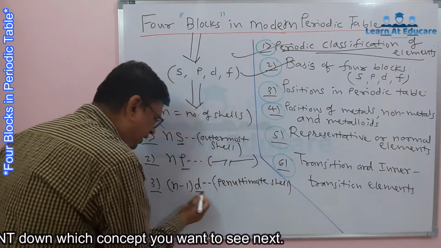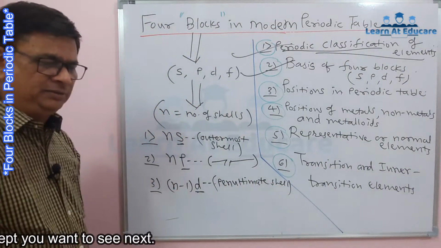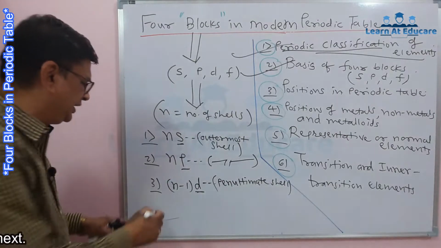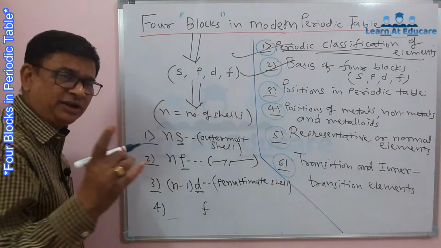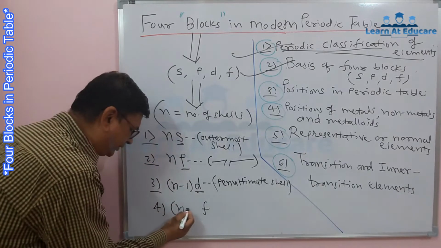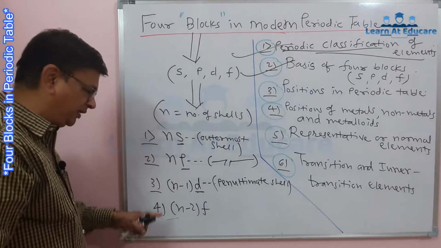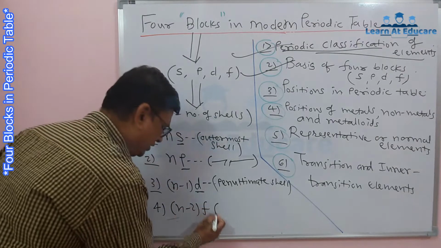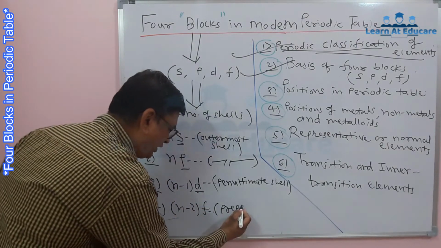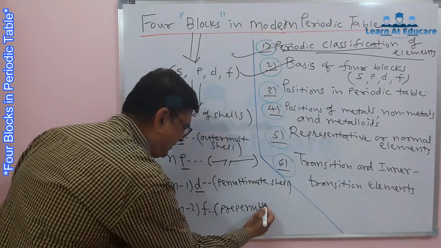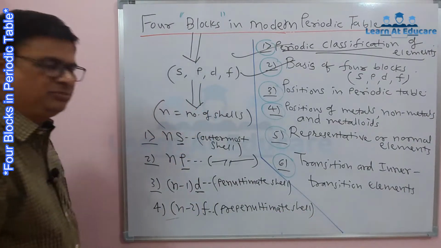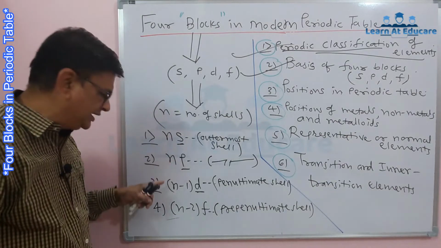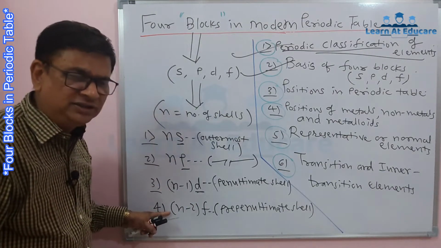So it is the d orbital of the penultimate shell, the second last shell, where the electron enters. In case of F block elements, the last electron enters in the pre-penultimate shell, that is n-2. Previously it was n-1 for the penultimate shell. Pre means before: the last is n, second last is n-1, and you may roughly call n-2 the third last.